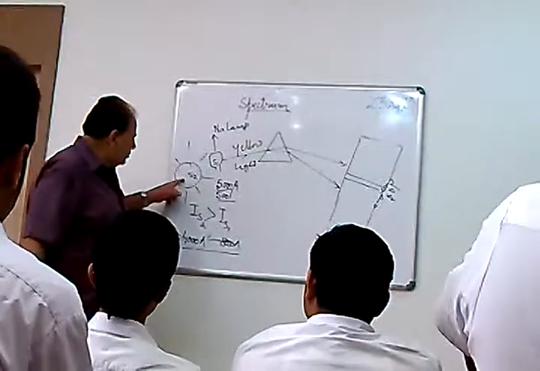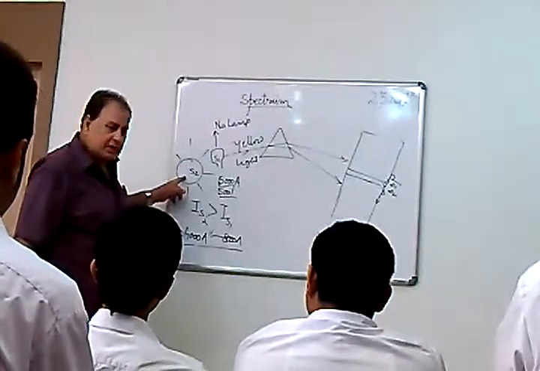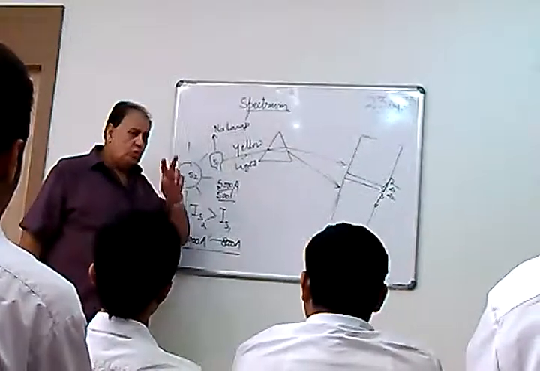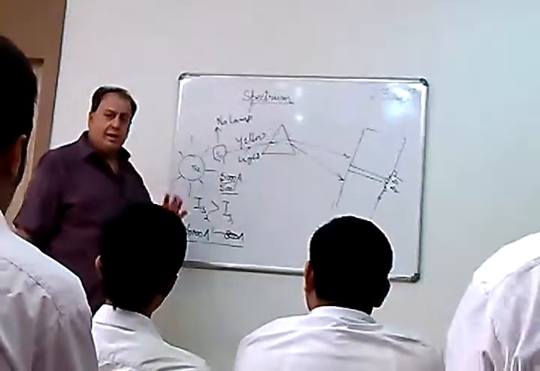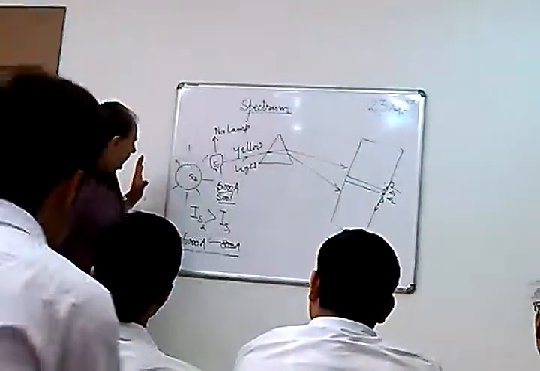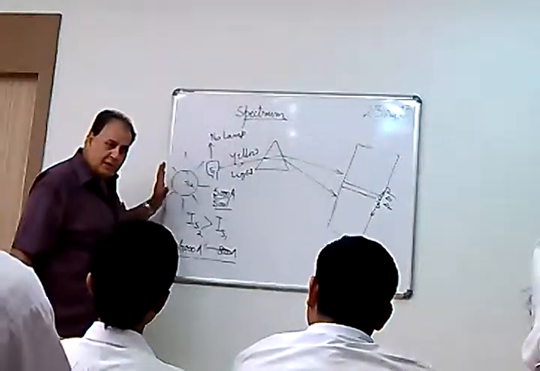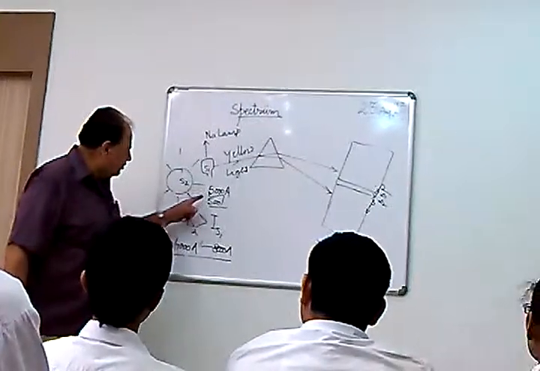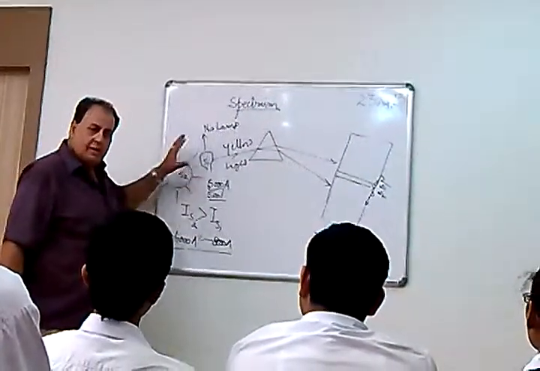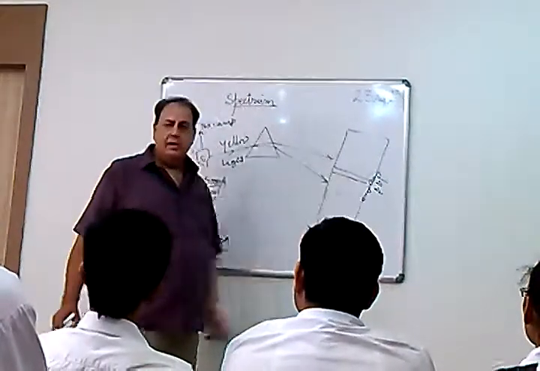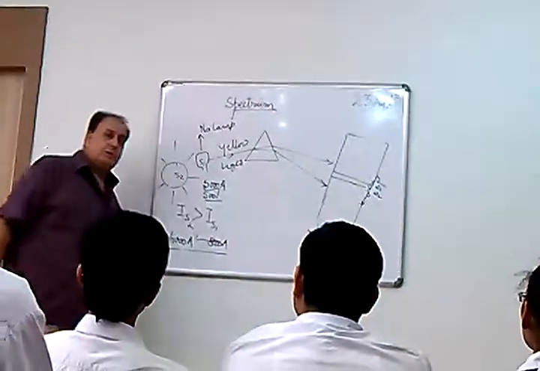If you put a brighter source than this and increase its brightness, sodium, which is capable of giving two lines independently, will absorb the same two lines here. The entire group of photons coming from here, this will absorb the photons corresponding to these two, and the rest it will show. So here you won't get any light. This is called absorption spectrum.